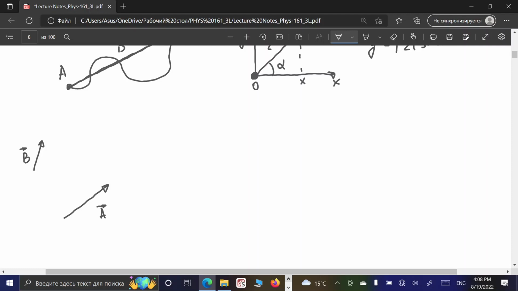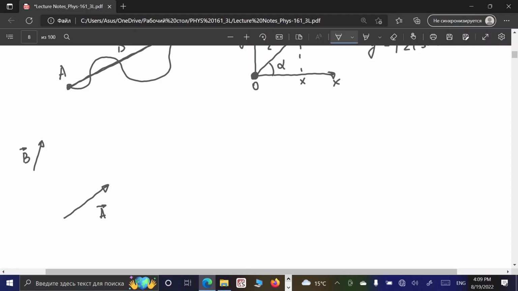So how do we add two vectors together? There is a simple, straightforward explanation, but it is not practical for application because it will be difficult to realize. But we start from this simple explanation.